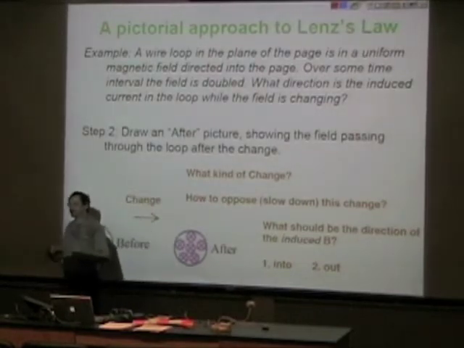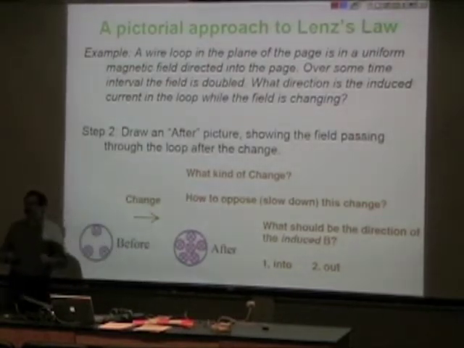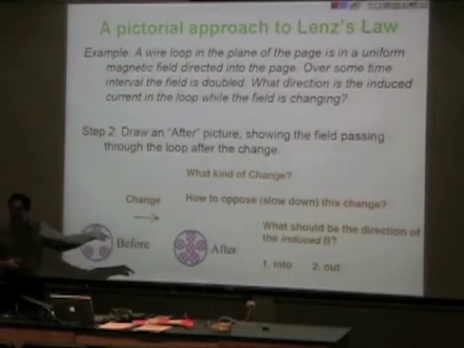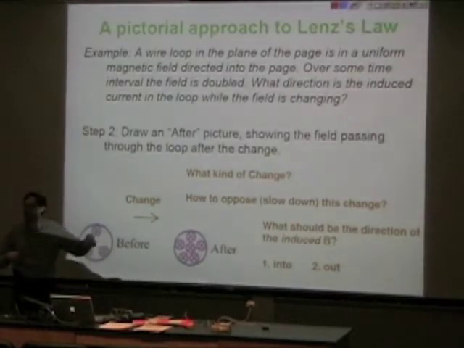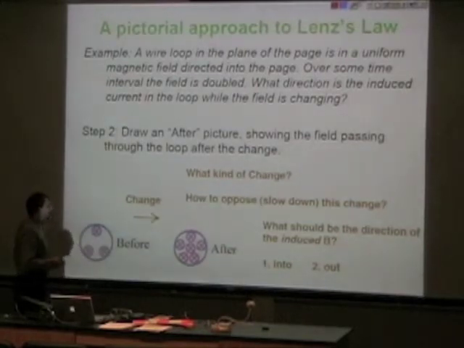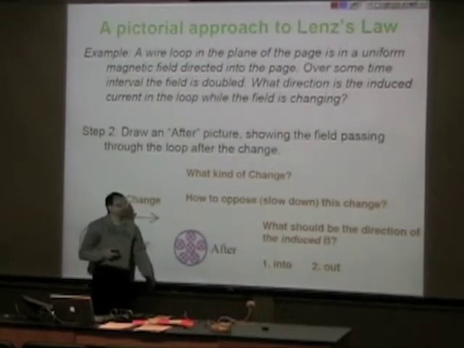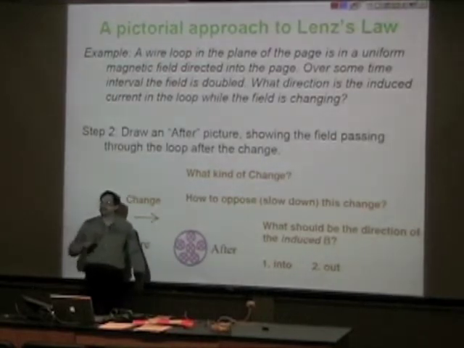Now we ask ourselves, okay, does any change happen? The answer is yes, which means there must be some induced current in the loop generating the induced magnetic field. And what we want to find out first is the direction of that induced magnetic field.